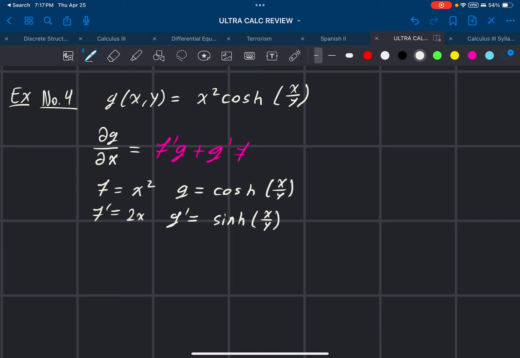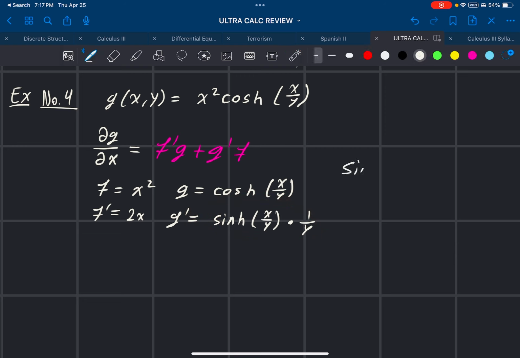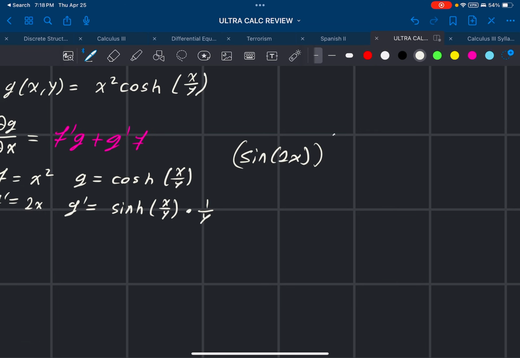So what's the derivative of x by itself? It's just 1, so this will be multiplied by 1 over y, because what we're doing right here is chain rule. You guys remember chain rule. Like if we're taking the derivative of sine 2x, for example, we get cosine 2x, but then we also need to multiply by the derivative of the inside.